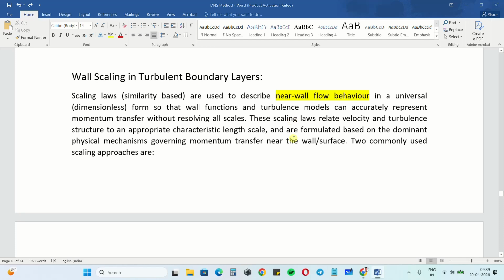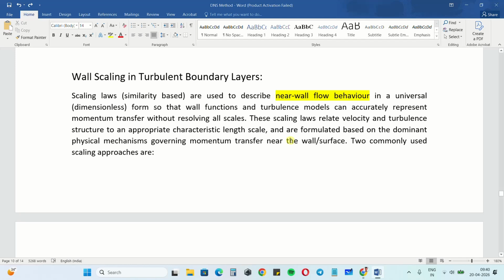In the case of the ABL flow that we did using model scale geometries, the surface roughness is characterized by the aerodynamic roughness length, and since it's model scale, we had to scale down that characteristic length by a factor of 1 by 1000. That would mean that the roughness length is so small it falls within the viscous length scale and viscous layer.